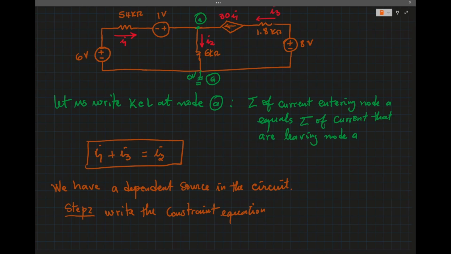The dependent source depends on current I1. So we have I3 equal to 30 I1.